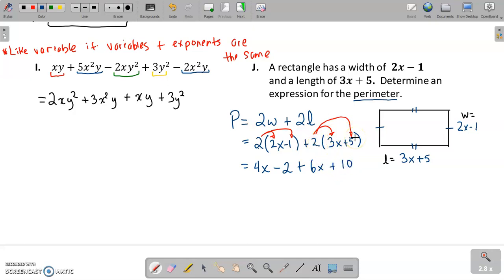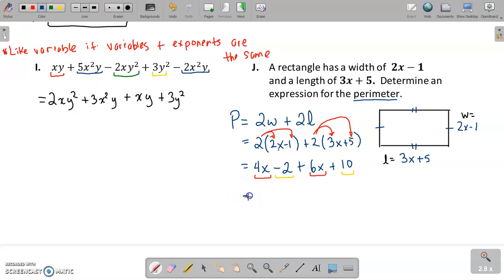So now we have a longer expression, no brackets, and we can look for like terms. Here we have an x term, and here's another x term, so we know we're going to be able to combine them. And then we have a constant, negative 2, and another constant, 10, so we know we'll be able to combine them.